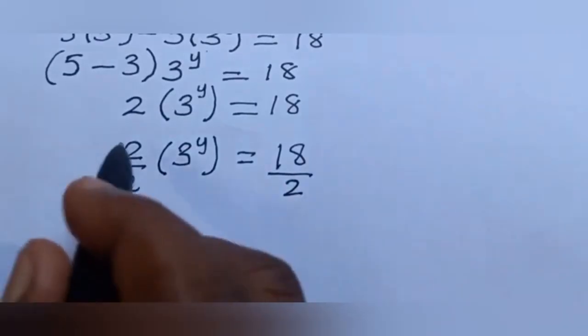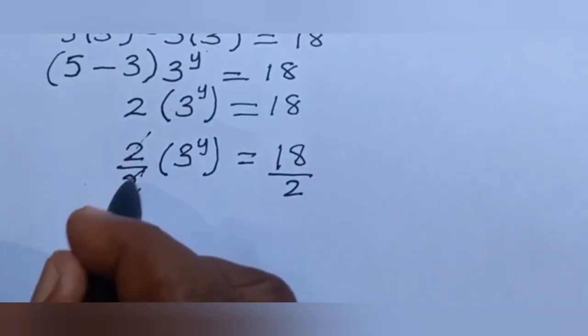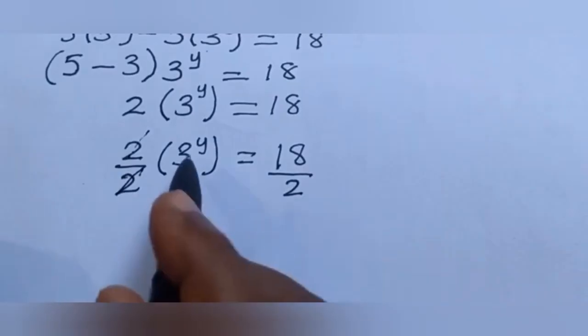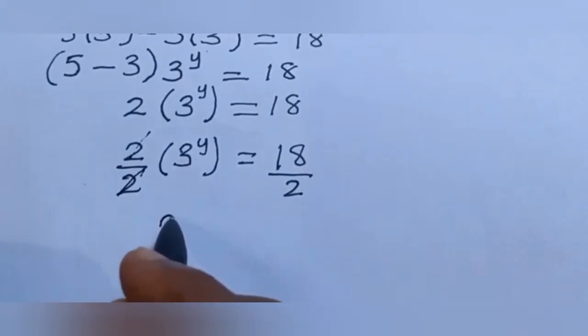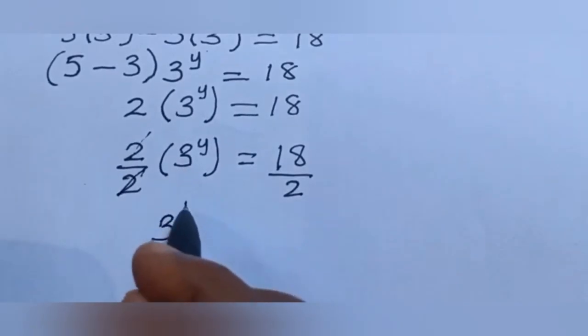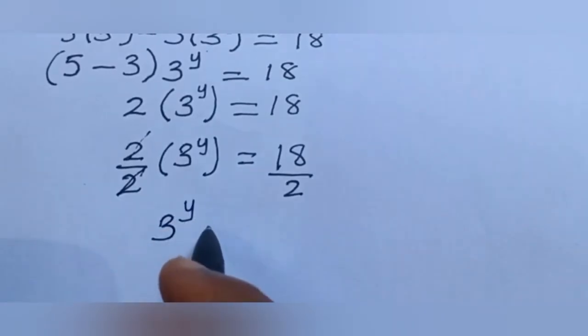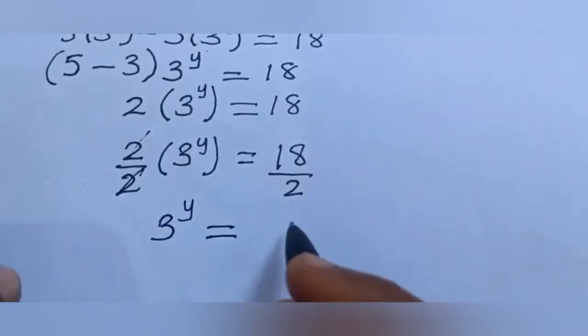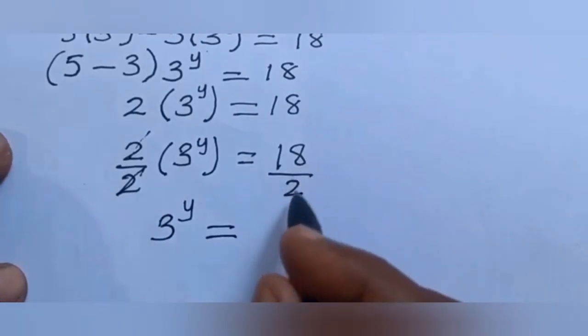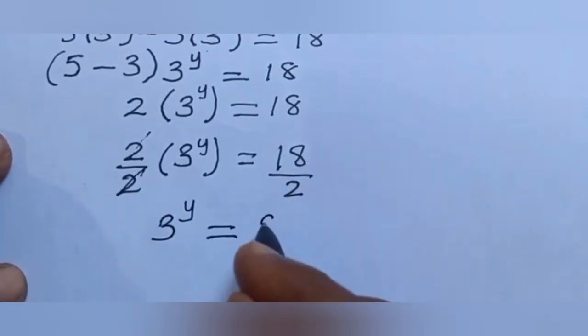So this 2 cancels with this one, and we remain with 3 raised to power y equals 18 divided by 2, which equals 9.